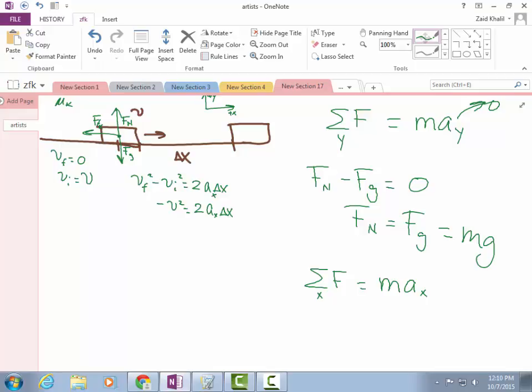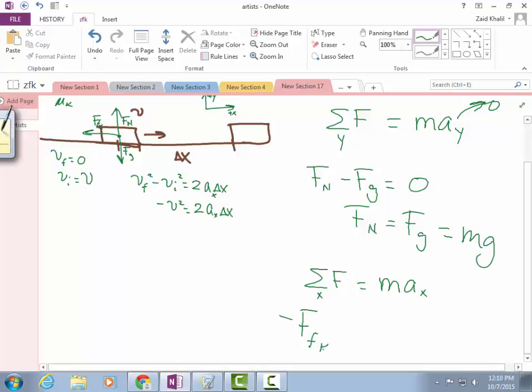That's right. Why is it negative? Very good. It's going to the left. And that's equal to max.